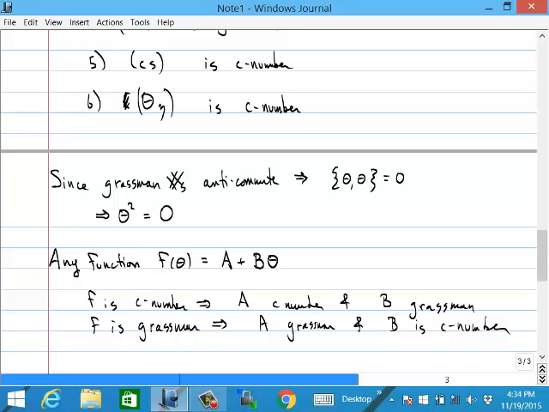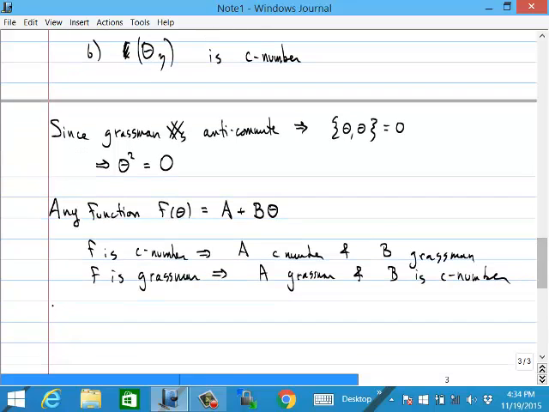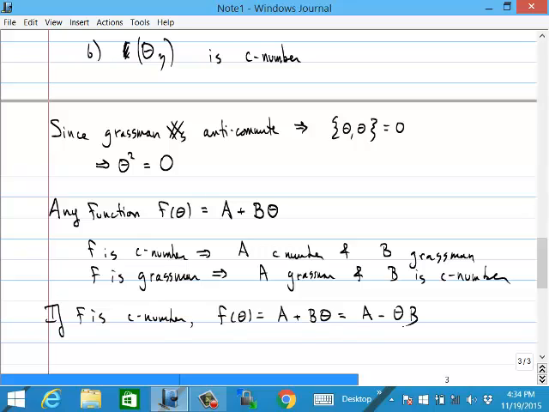So, for example, if f is a C number, so this is the usual case that we might consider, then f of theta is a plus b theta, which is a minus theta b.